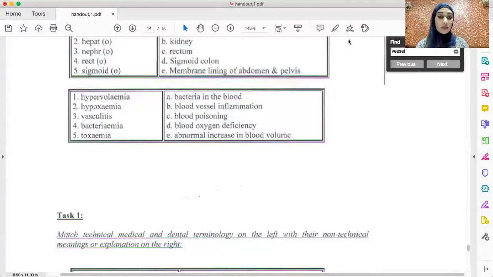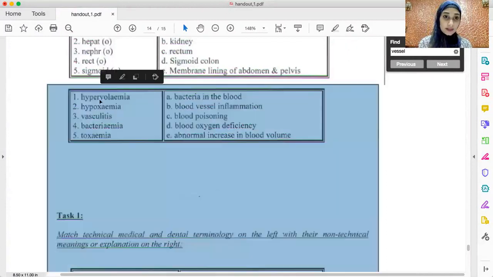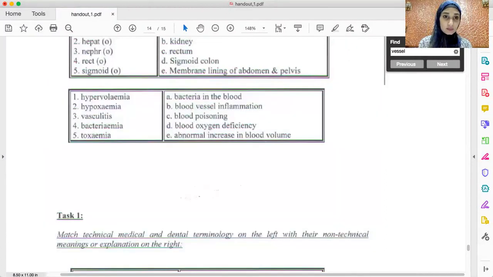Let's move to the second question, hypervolemia. Here, let's divide it. Hyper means high. Vol comes from volume.